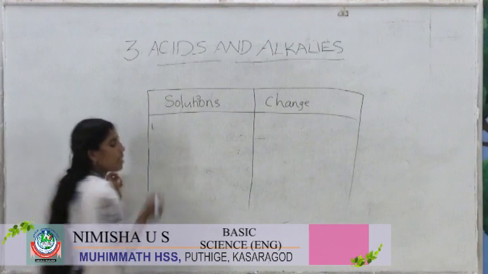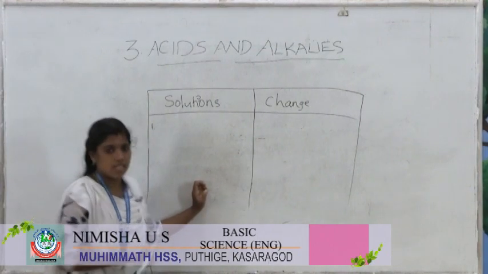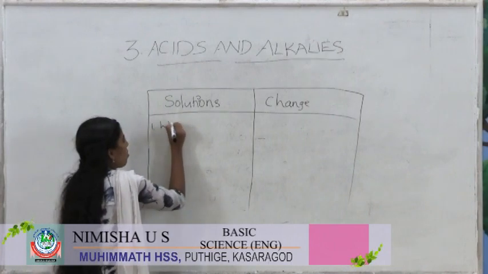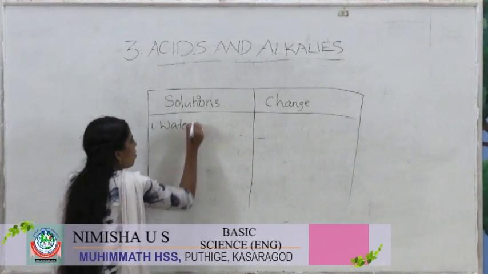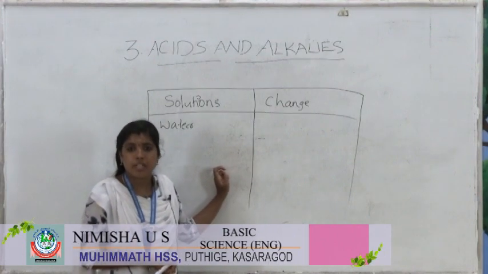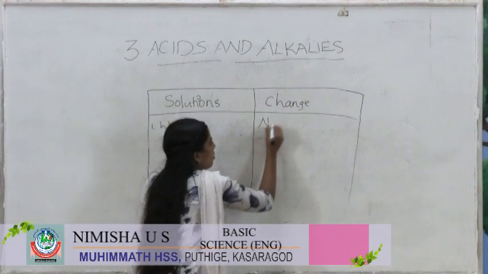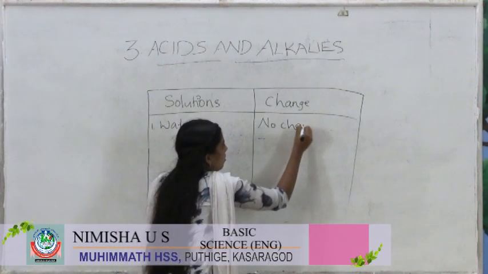Now, what is the first solution we have tried? Yes, the water. What happened while dipping the hibiscus paper in the water? Yes, there is no change in the color.